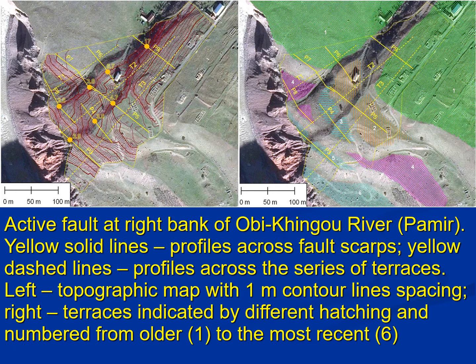We could not trench it due to some reasons, but analyzing landforms displaced by this active fault, we could derive first, number of rupturing events, and second, amount of single event displacement, comparing the profiles made across displaced terraces and across fault lines.